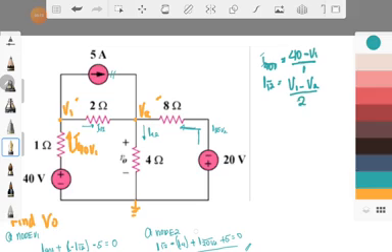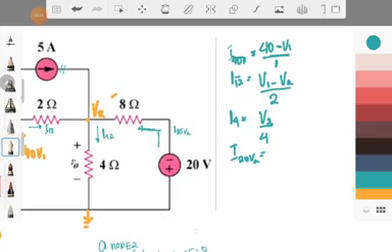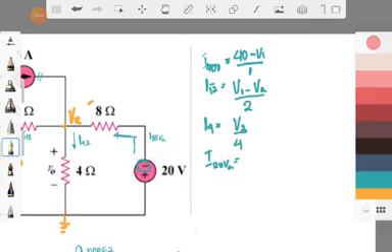Next is our I4 ohm, which is basically equal to V2 all over 4, and our I20 to V2, which is basically equal to, take note, the negative is on top. So from our previous examples, since we are using the passive sign convention, the passive flow of electricity.